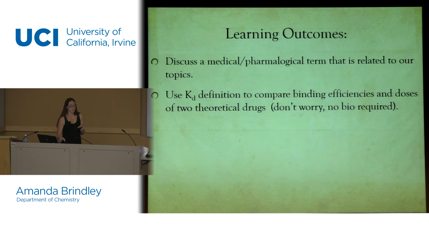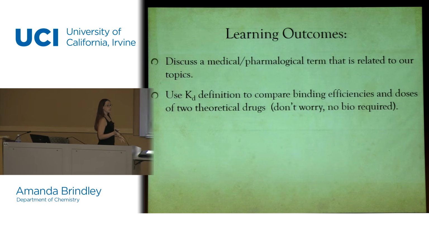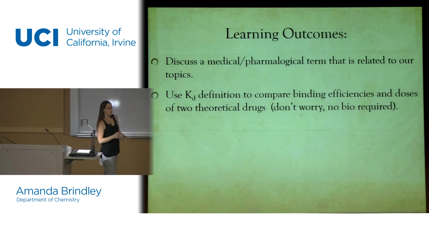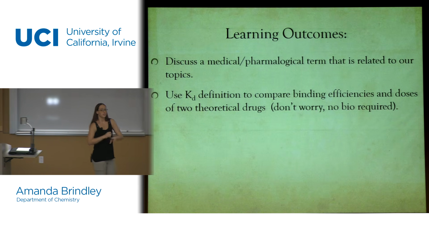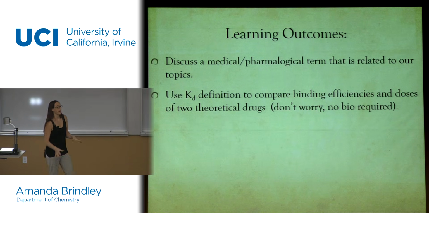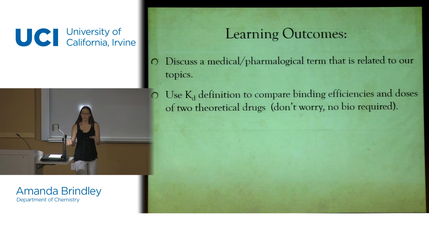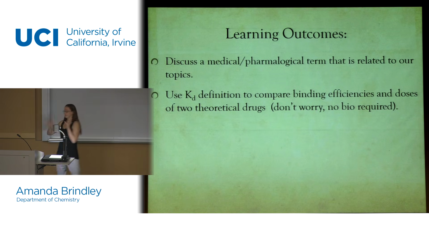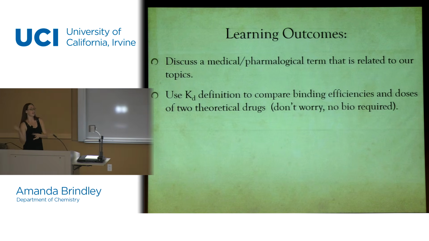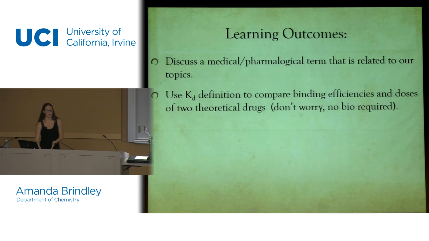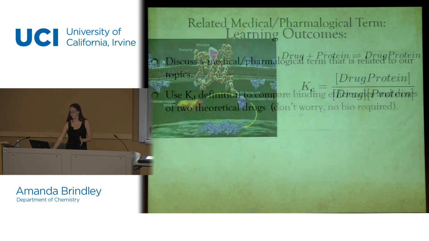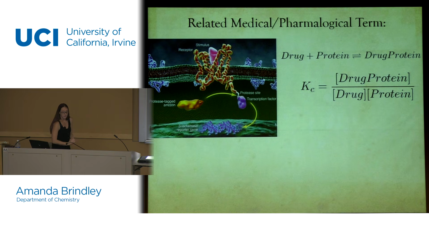So we're going to just talk about the term real fast, and then we're going to use it to compare what we call binding efficiencies. Don't worry, you don't actually need to know any bio. If you know a bunch of bio, it'll help, or if you know a bunch of math, it'll help. So, if you're a bio major and you got your bio background, great. If you're an engineer and you got your strong math background, great. Either way, you're fine. Okay.